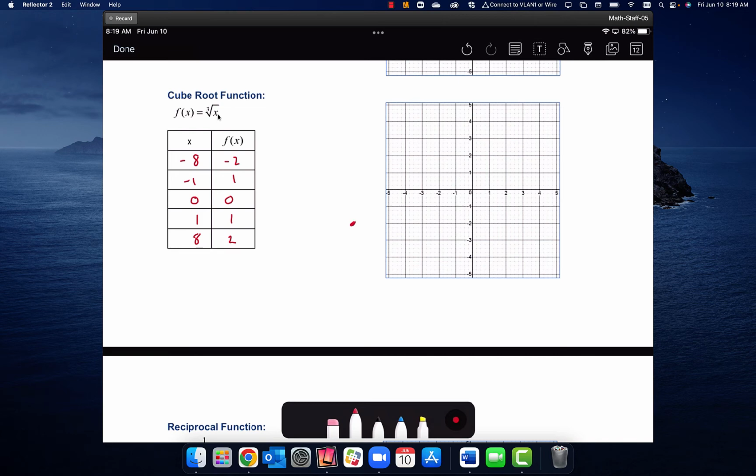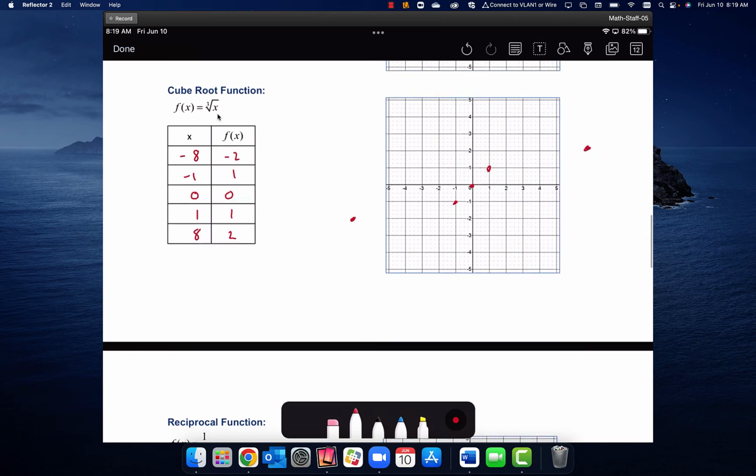Then -1, -1, 0, 0, 1, 1, and then 8, 2 again is off the grid a little bit. And so we play connect the dots. And we have the cube root function.